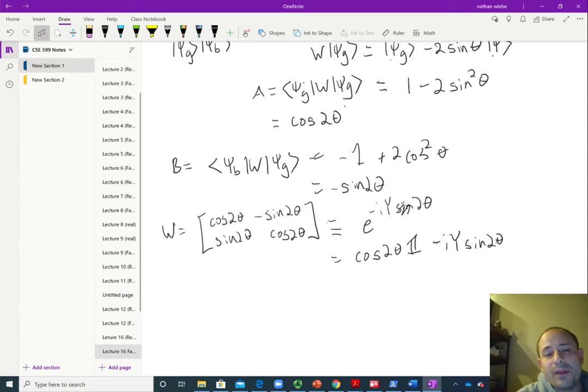We know that the walk operator over here ends up acting on a vector of the form, we begin with a vector of the form cosine theta, sine theta.